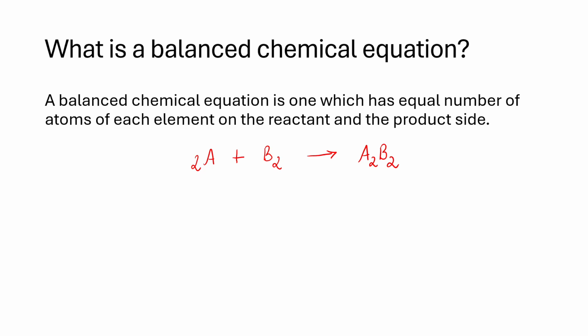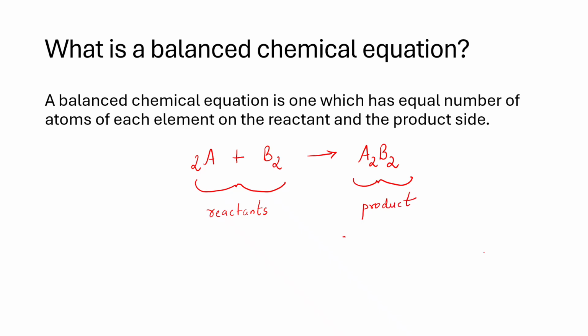Now the substances that you see on the left side of the chemical equation are called reactants, and the substances, or in this case a single substance, that you see on the right side of the chemical equation is called a product.